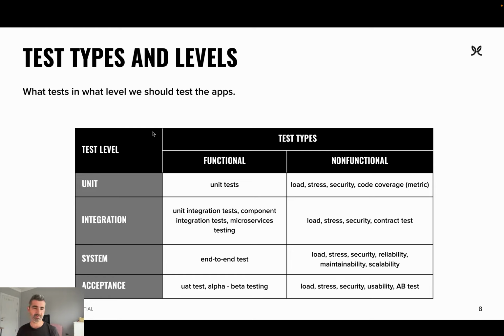Test type can be functional or non-functional, and the test level can be unit, integration, system, or acceptance level. You can perform a functional test at the unit level as a unit test, or you can do some non-functional tests like load, stress, or checking some metrics or code coverage. So this is unit level testing.